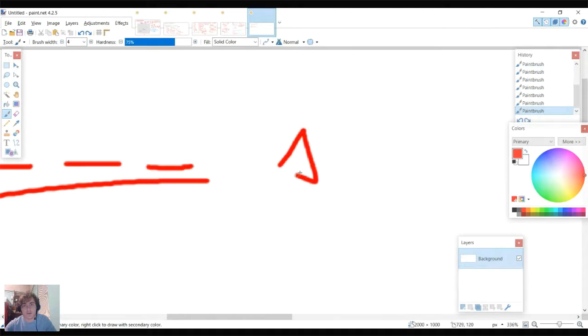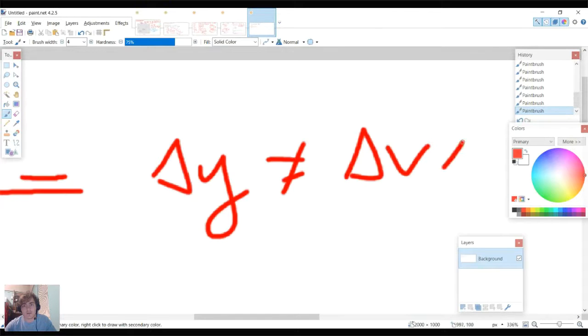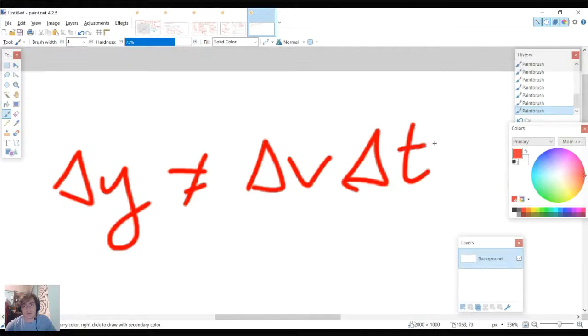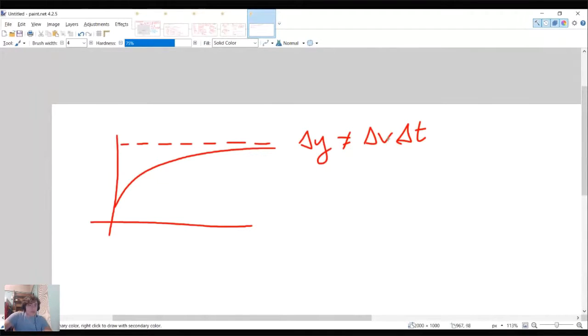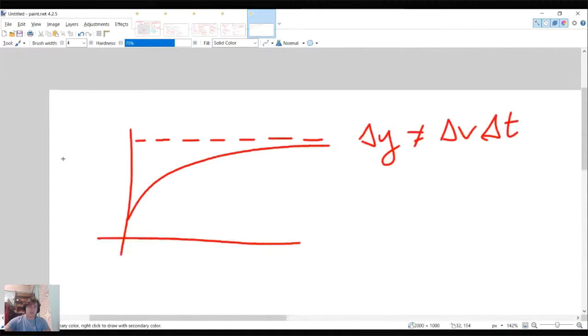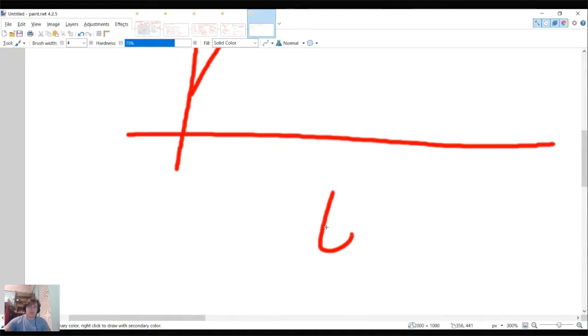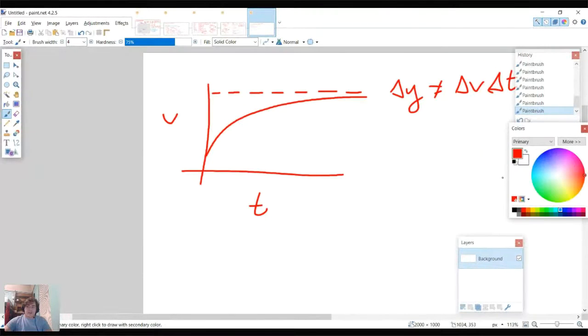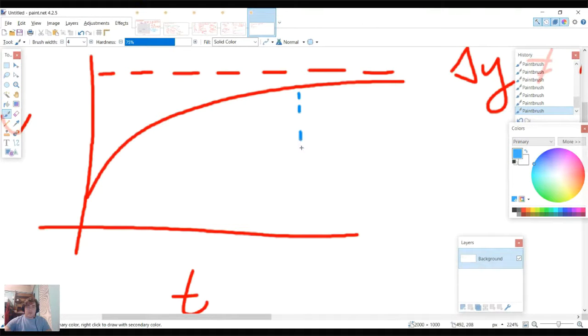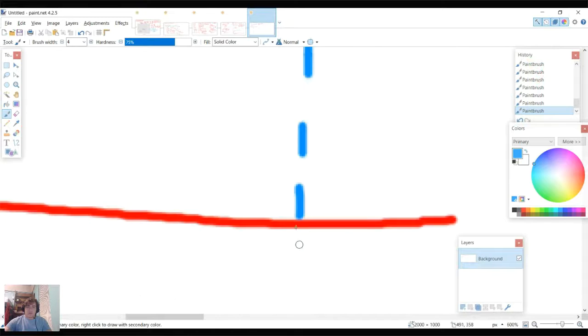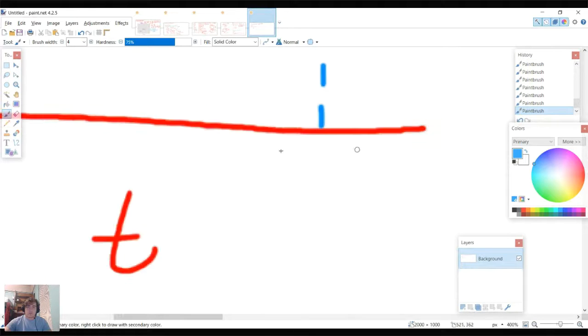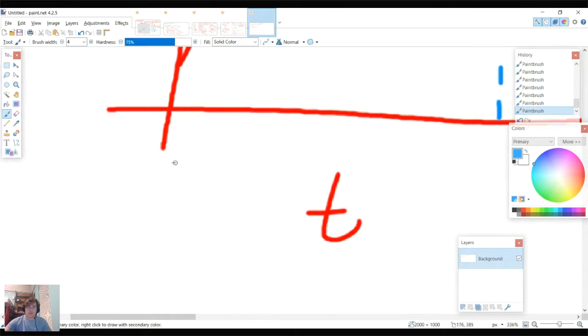Displacement in this case, delta y, is not equal to delta v times delta t. Even though you would think it is, it only takes place for constant speed, and this is very clearly not a constant speed. The actual interpretation here is, let's say this is some interval delta t.